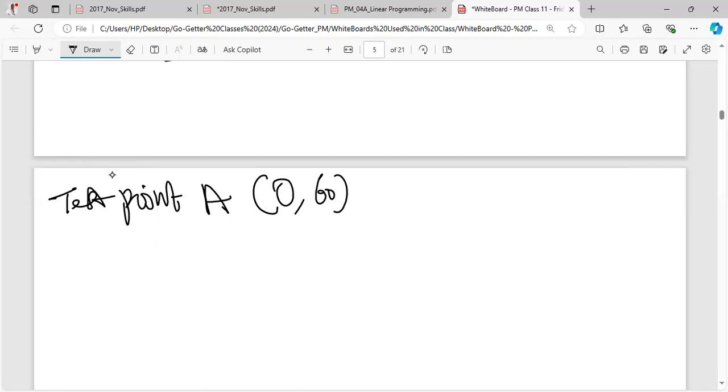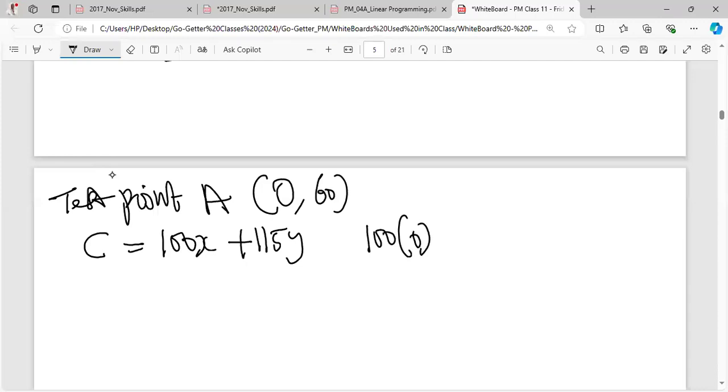So x is 0, y is 60. You will now bring your C. This is 100x plus 115y. So let's replace it. We'll have 100 multiplied by 0 plus 115 multiplied by 60.